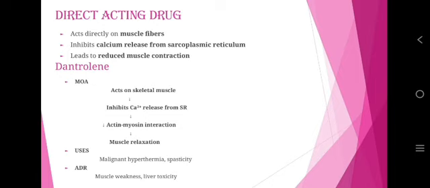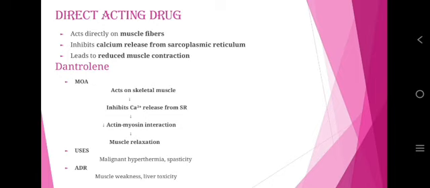The mechanism of action of dantrolene is that dantrolene acts on the skeletal muscles and inhibits the calcium release from the sarcoplasmic reticulum, and this process will reduce the actin myosin interaction. This actin myosin interaction is required for the skeletal muscle contraction.